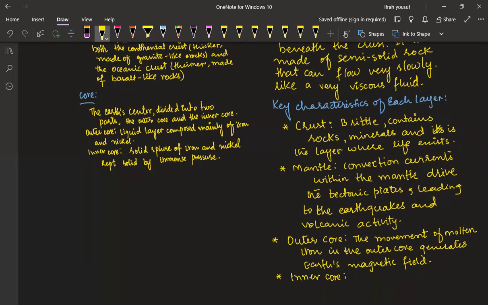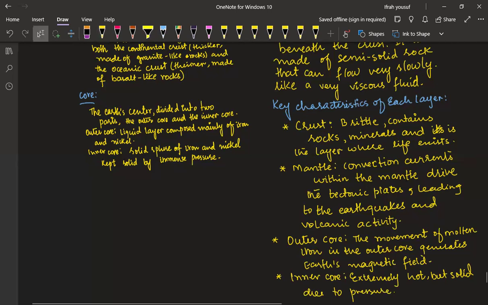Inner core, it is extremely hot but solid due to pressure, right?